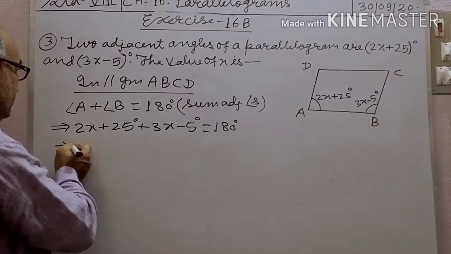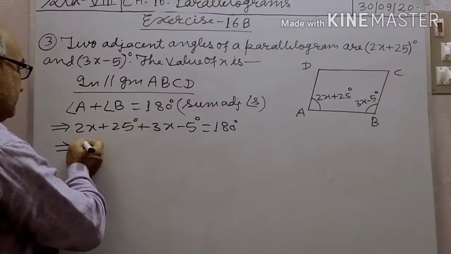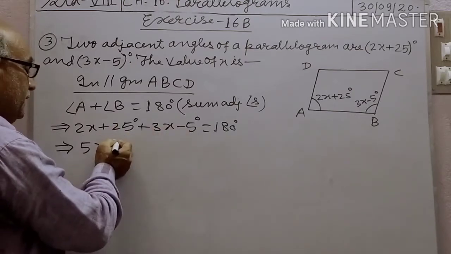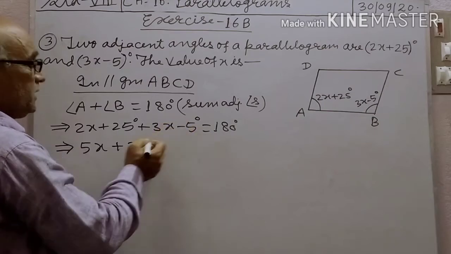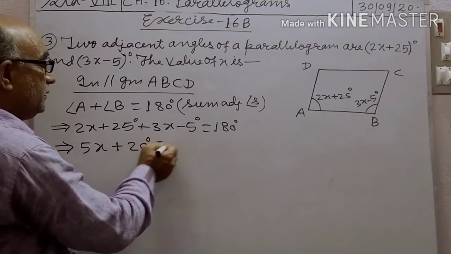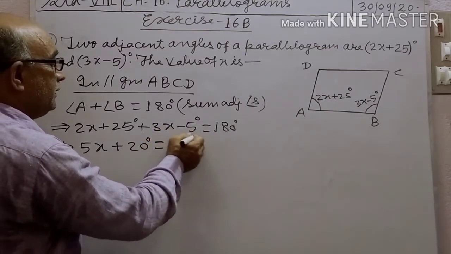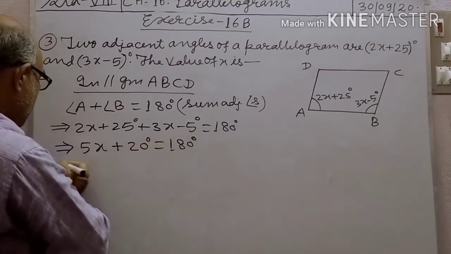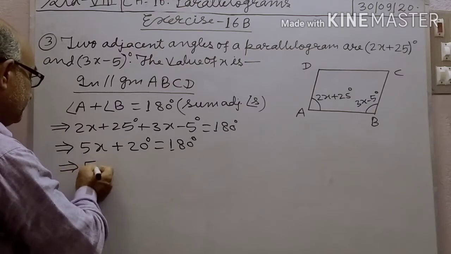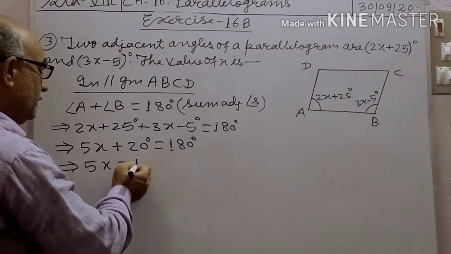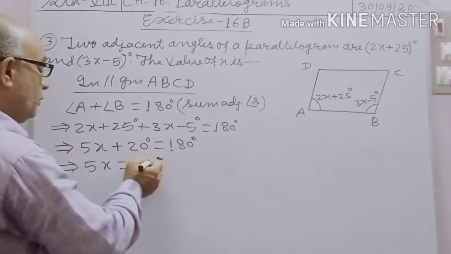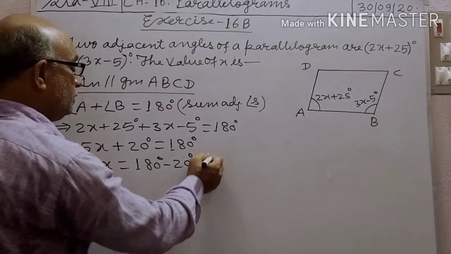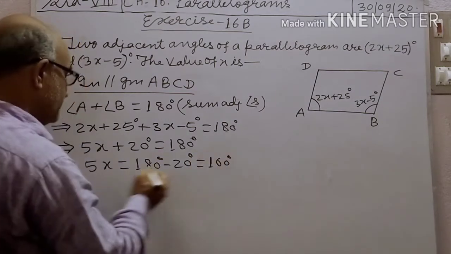Now solve it. 2x plus 3x equal to 5x, plus 25 degree minus 5 degree equal to 20 degree, equal to 180 degree. Next step is 5x equal to 180 degree minus 20 degree equal to 160 degree.